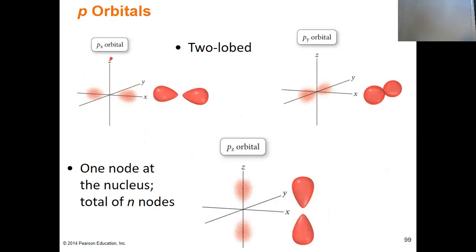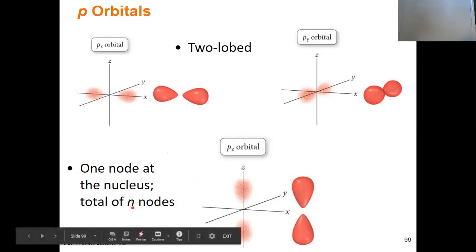So you see this 3-dimensional shape emerge of these different balloons tied together at the center. There is one node at the center for your p orbitals. And the amount of nodes will correspond to the n level that you're at. So if you're at 2p, then it's 2.